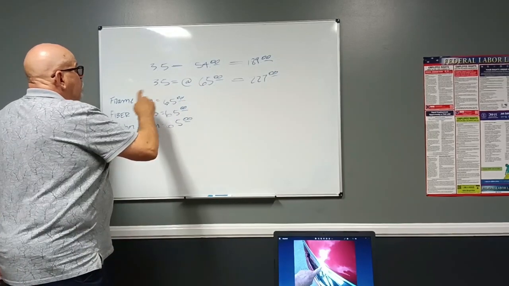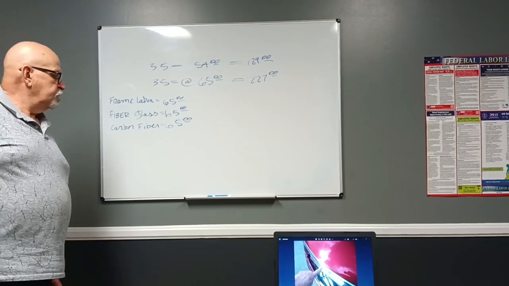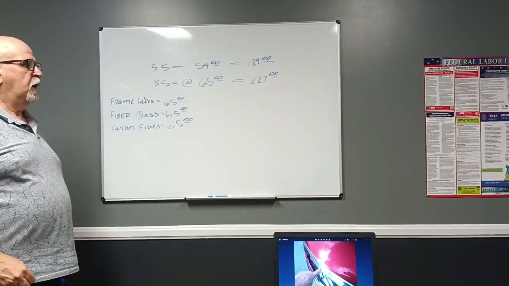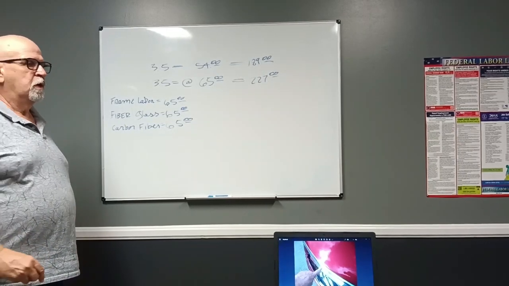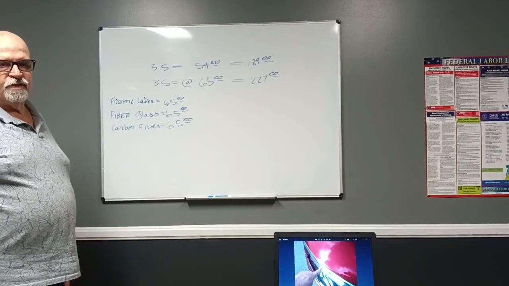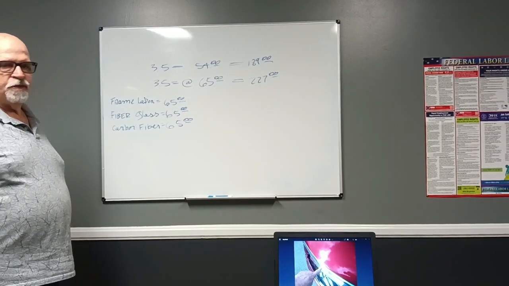Now, the thing about aluminum is this. Depending on the weather and how hot it is or how cold it is, aluminum parts could crack very easy, and it takes an expert.